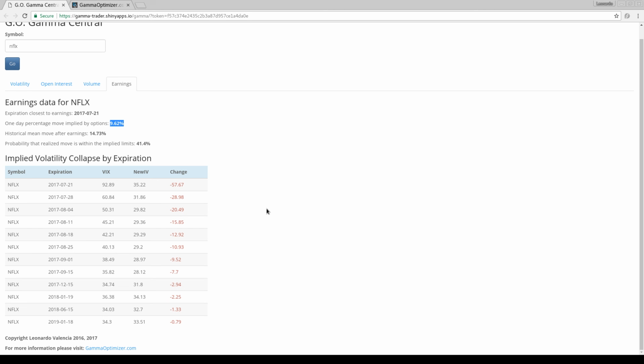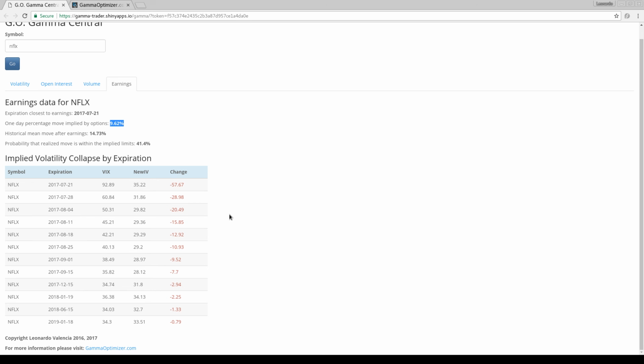For those of you that follow the Gamma Optimizer room, we have a nice trade in Netflix for August 25th that is playing this drop of volatility. So the drop of volatility will benefit the trade, plus the direction. The idea is to make some money as volatility collapses, and also as Netflix moves in the direction we want.